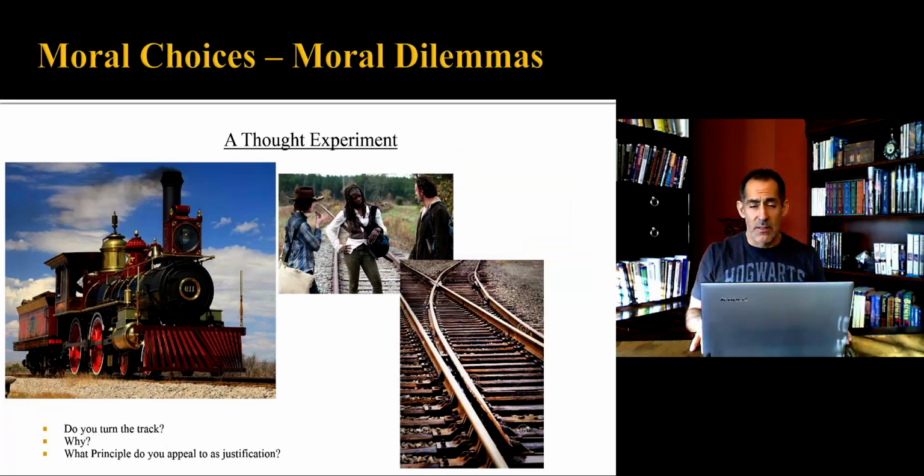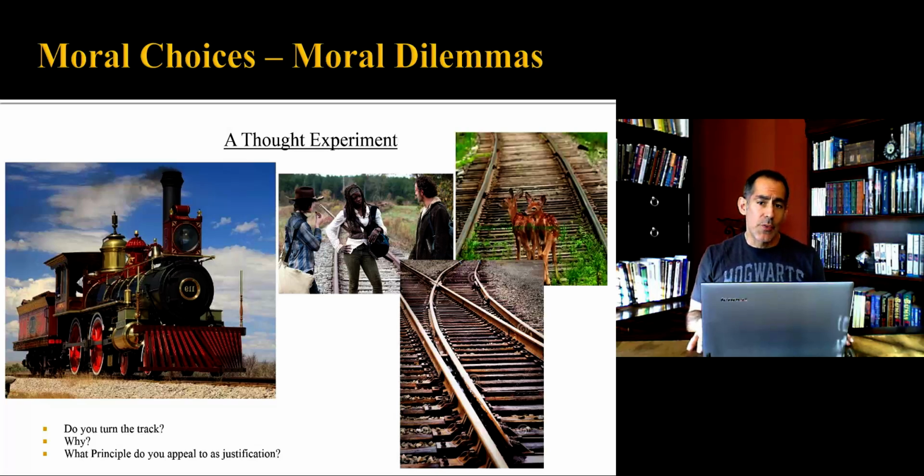Let's change it again slightly. What about animals? Are animals of equal value to people, ethically or morally speaking? There are some people that will say yes, and there are some people that will say no. Again, it depends on the assumptions that you have or the presuppositions according to which you operate and make your decisions. But again, this is something that you need to think about.